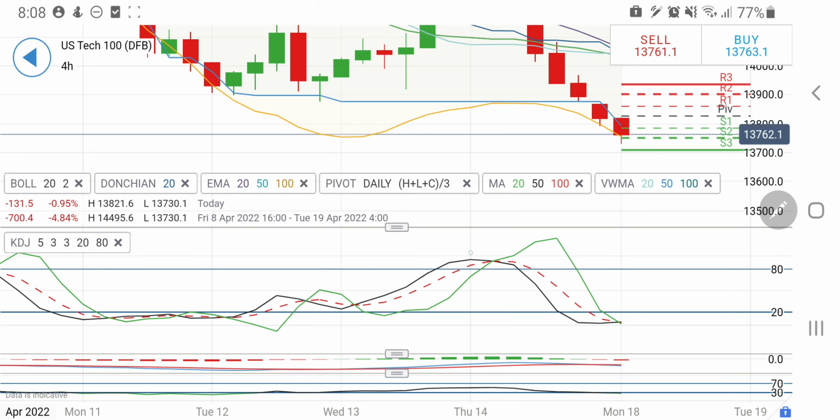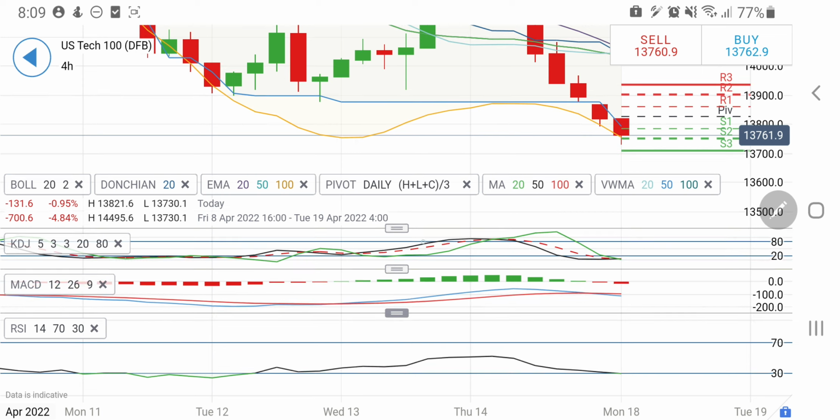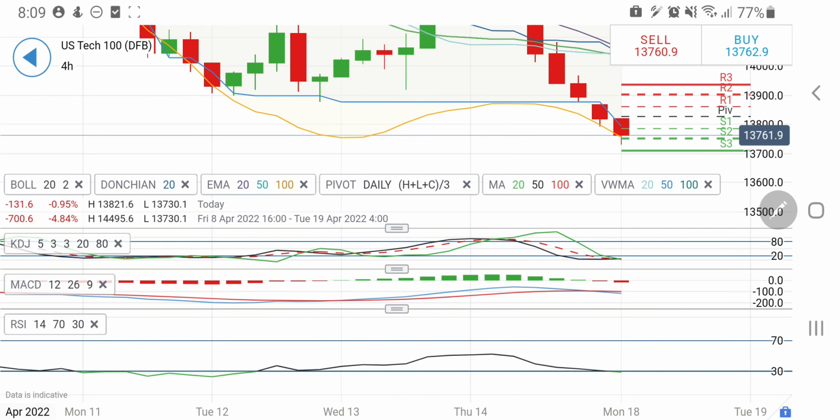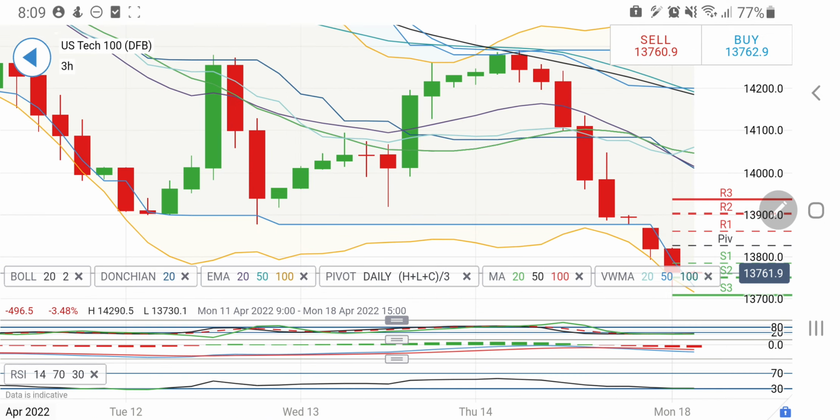Only short entry below 13,700 can be taken. Only long entry above 13,850 can be taken. MACD is strongly oversold and stochastic is strongly oversold, and MACD has just crossed into sell side. Hence if it provides a couple of red candles, I won't be surprised. RSI is near the oversold zone, or rather oversold now.